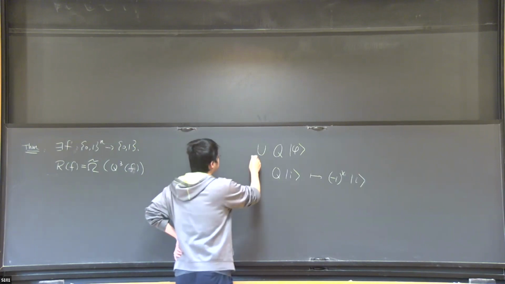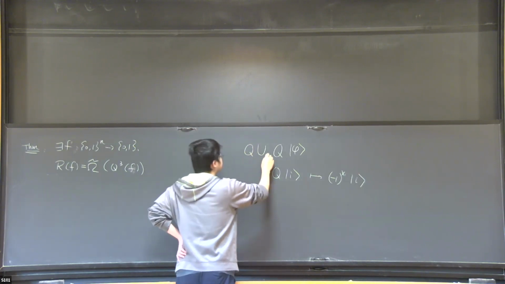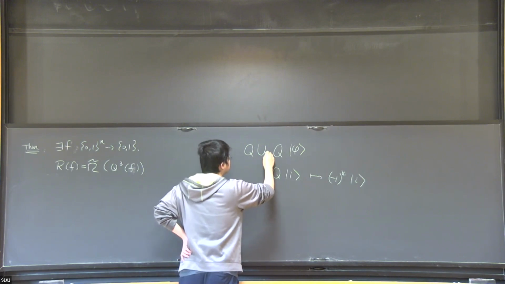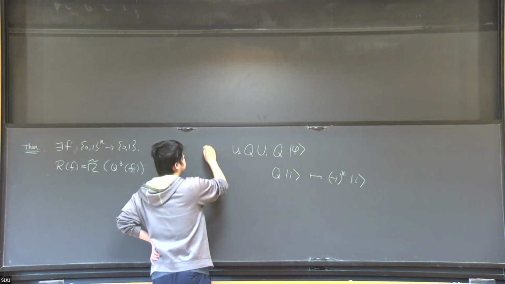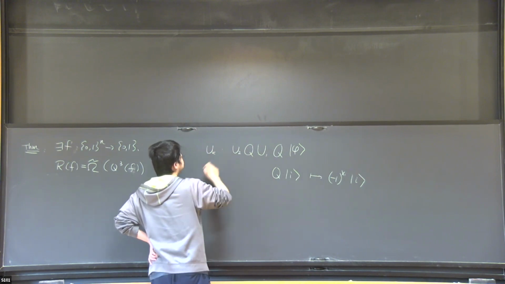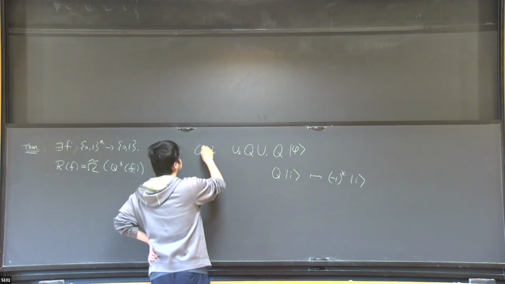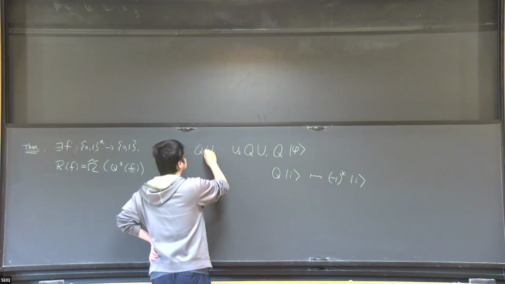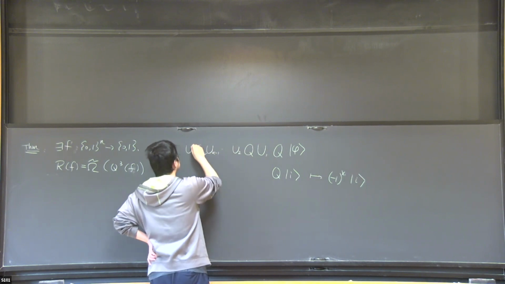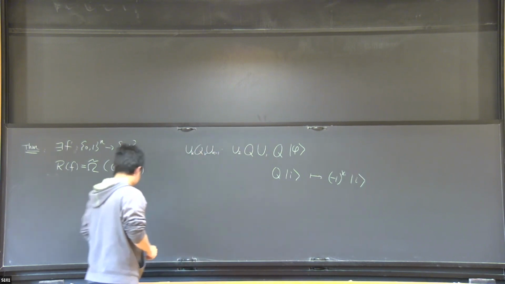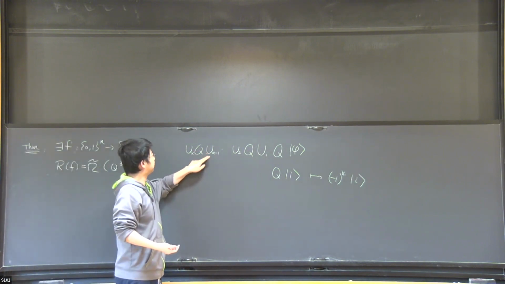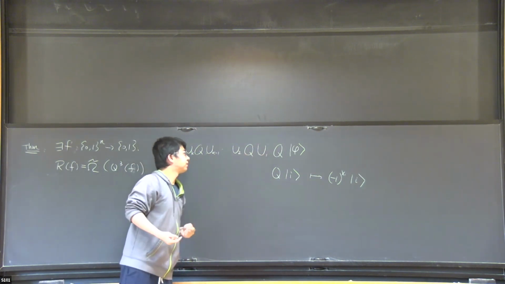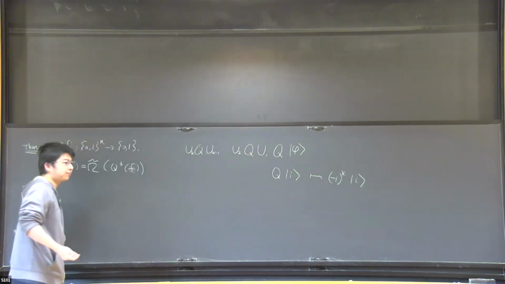So a quantum query algorithm just includes a series of queries and computations like this. The number of queries is just the number of query operators you applied in your algorithm.